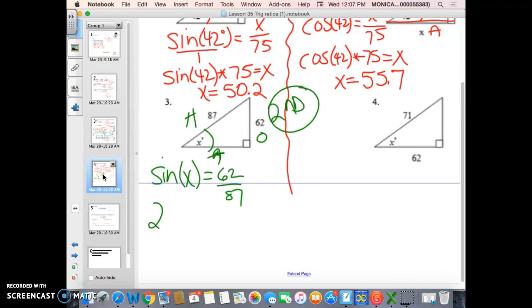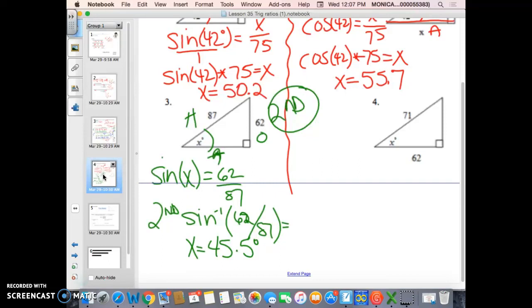So in my calculator, I'm going to hit second sin, so you get that little -1, and then 62, divide by 87, hit enter. My bad, that should be 62. And you get x equals 45.5 degrees. And note that's because it rounds.